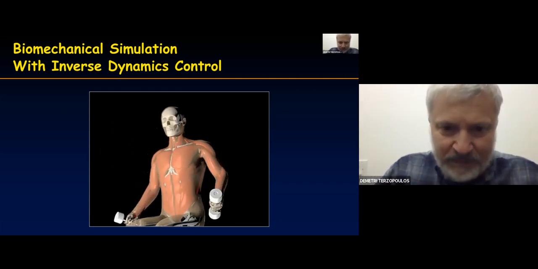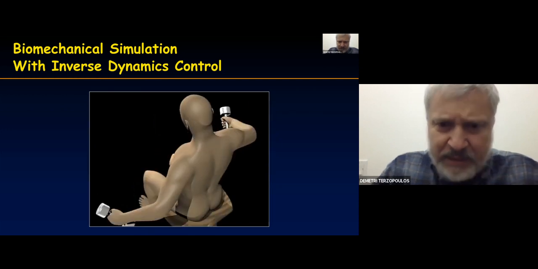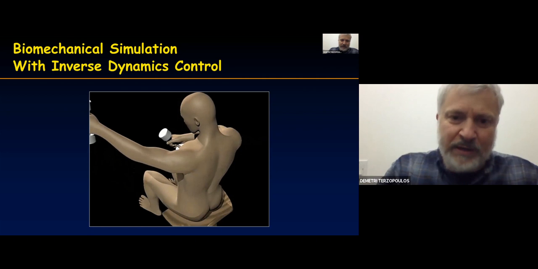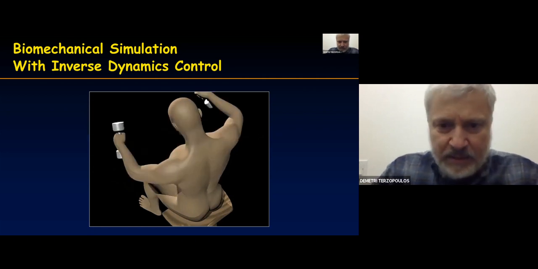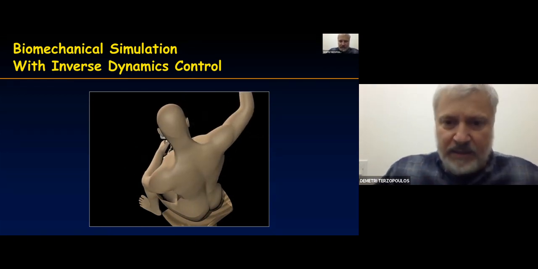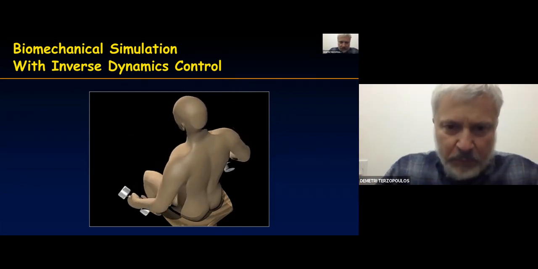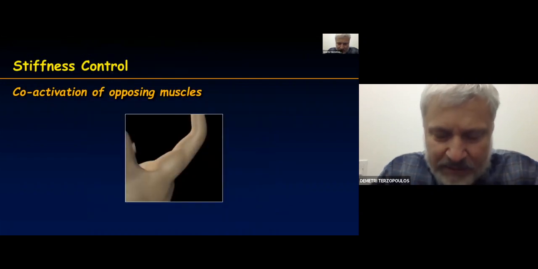But anyway, this was before we had the deep learning approach that we can apply, but you can see that the deformations of the body, soft tissues and all of that, look reasonably realistic here. And in fact, you can see co-activation here.